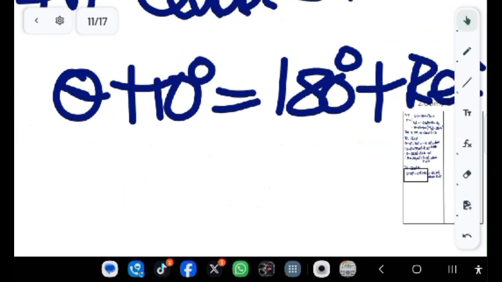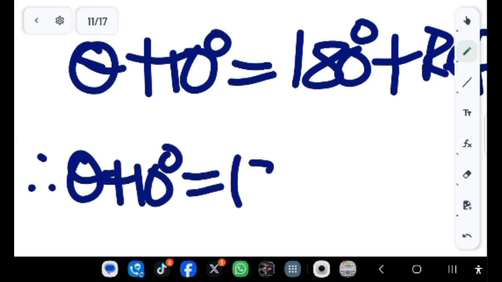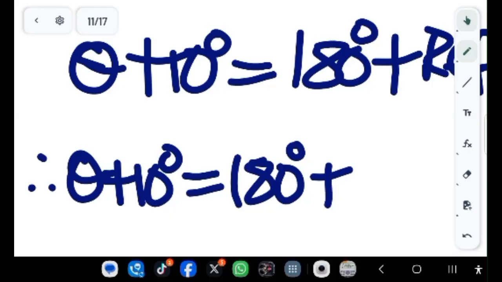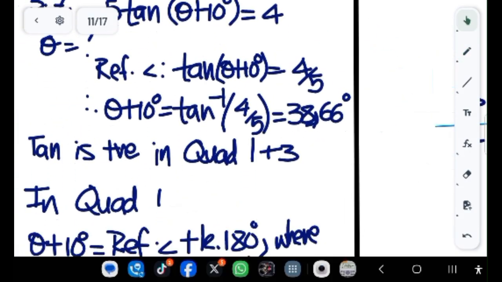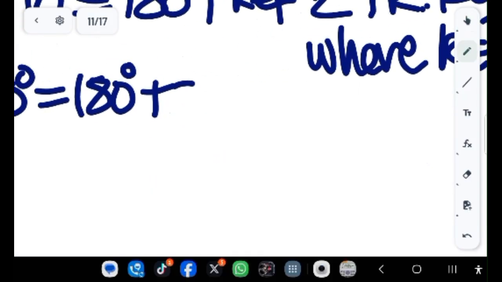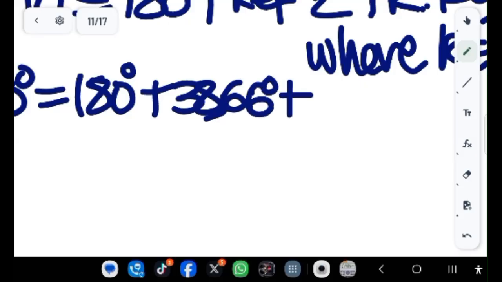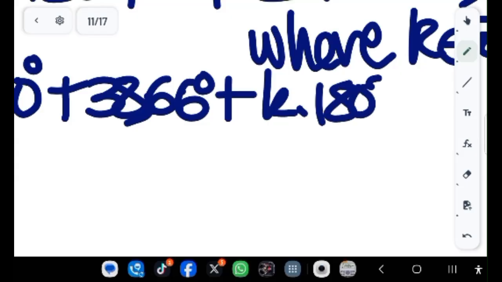Therefore, theta plus 10 degrees will be equal to 180 plus the reference angle, 38.66, plus k times 180 degrees.